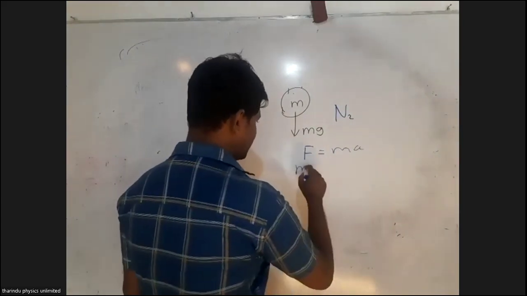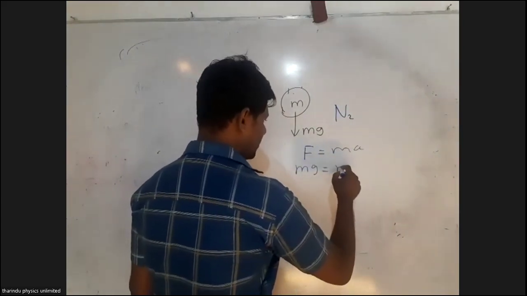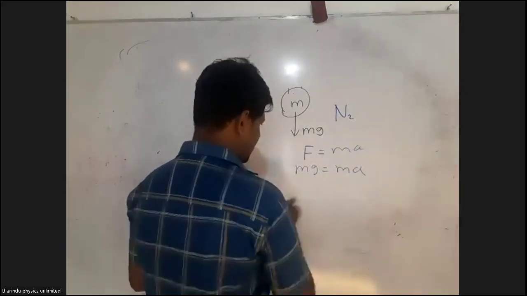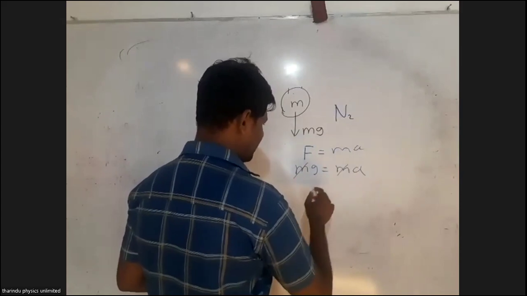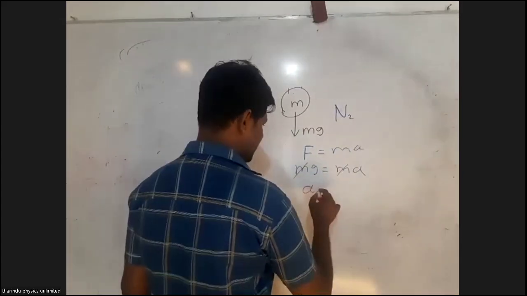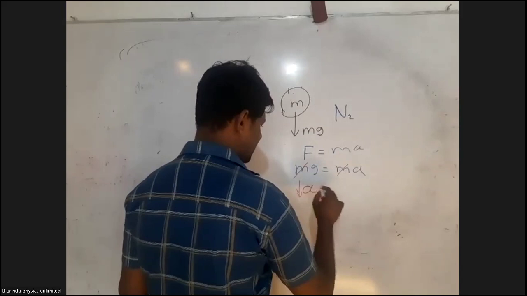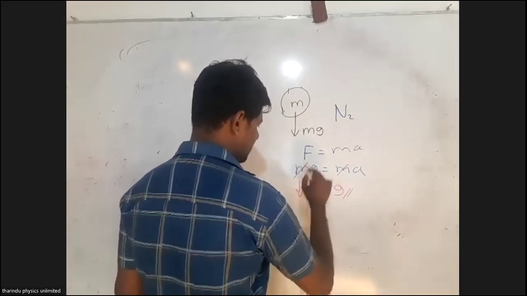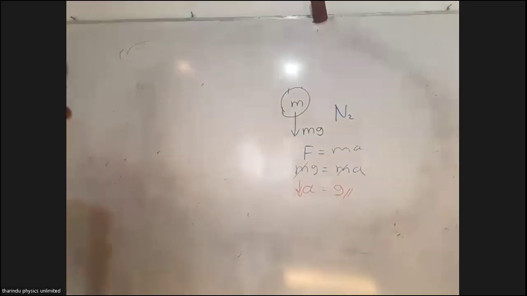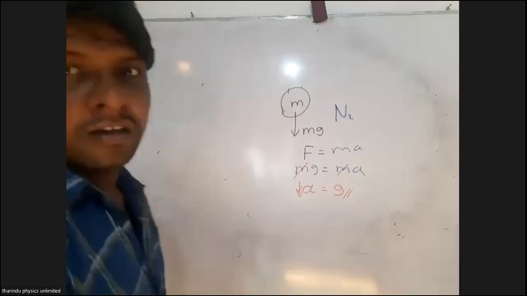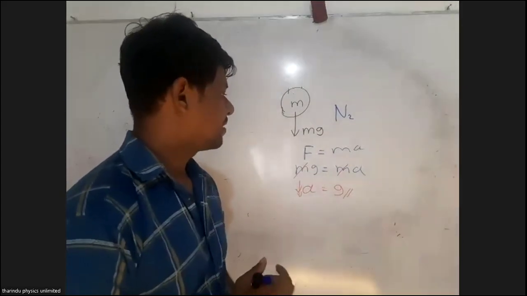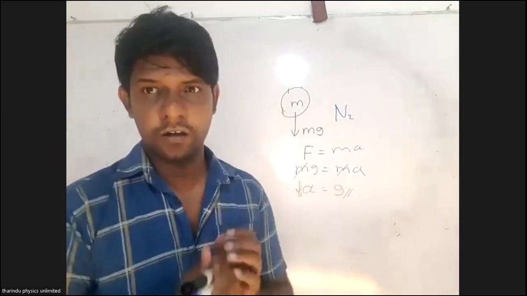F means mg equals ma. So finally you can cancel m and m. The acceleration, which is downward, is only equal to g. Acceleration is only equal to g in this case. I hope you understand.